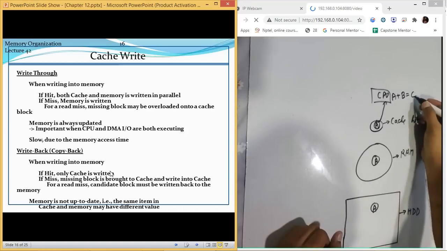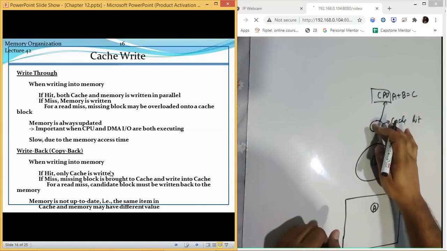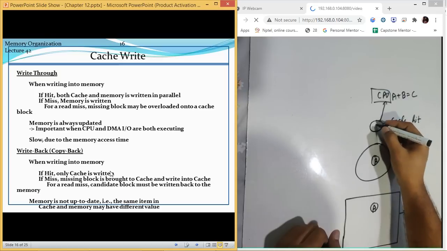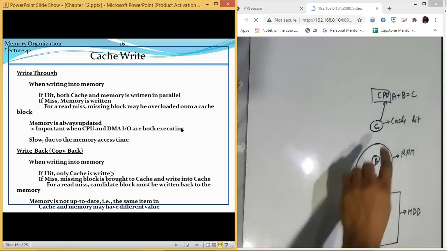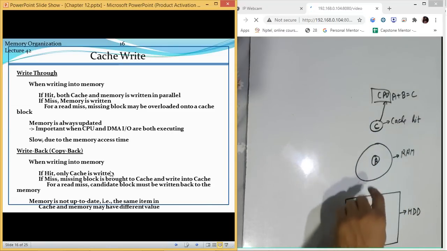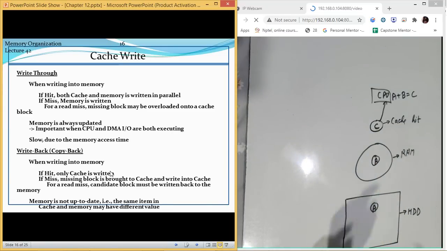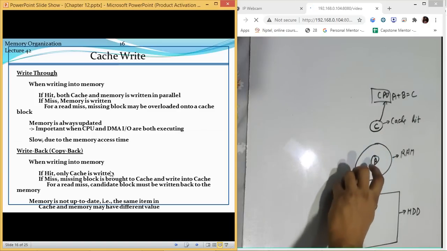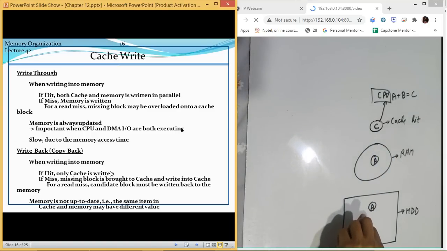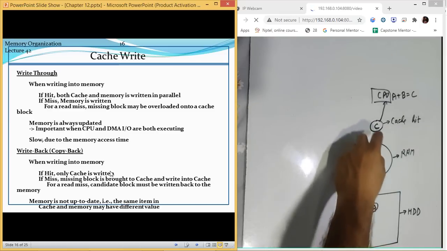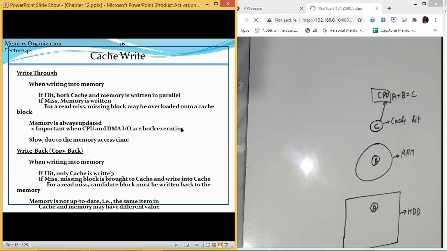Now, once this data is changed, it will be changed at this place directly. Now what will happen with all the other values? If we are not going to change that data inside RAM and hard disk drive, it is going to create an inconsistency in the data. So your data will not be consistent, and that is something you don't want to happen.